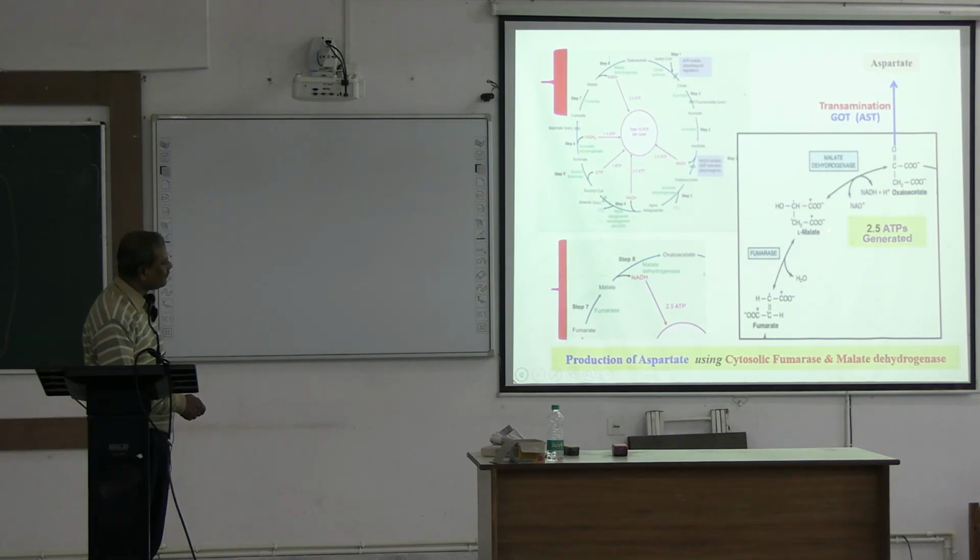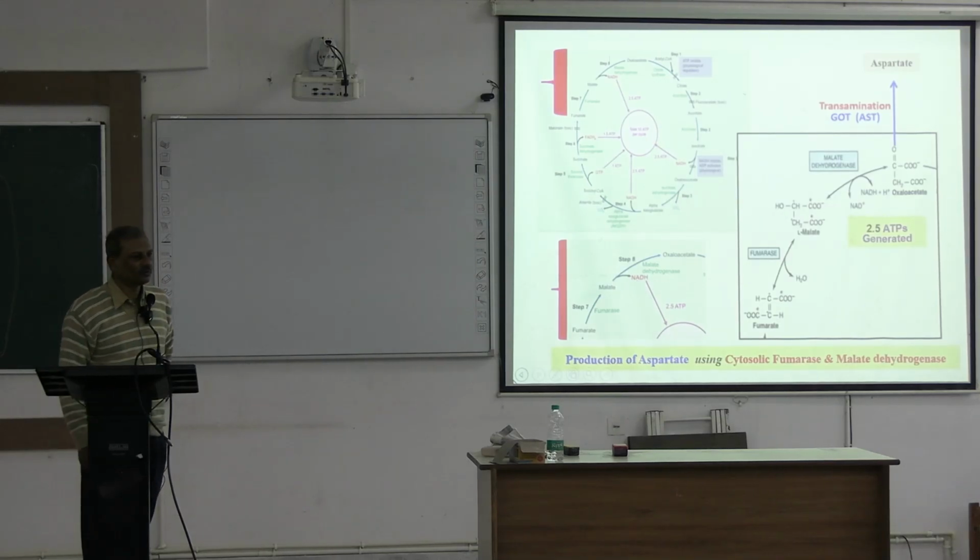Now 2.5 more molecules of ATP are generated here because NAD is converted to NADH, and this NADH will be oxidized in the electron transport chain, generating 2.5 moles of ATP. We have already consumed 4 molecules of ATP, and now 2.5 molecules of ATP are generated. That is why the total energy consumption for this reaction is only 1.5 ATP.